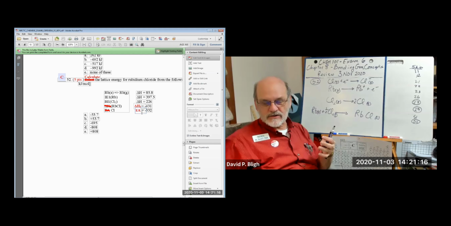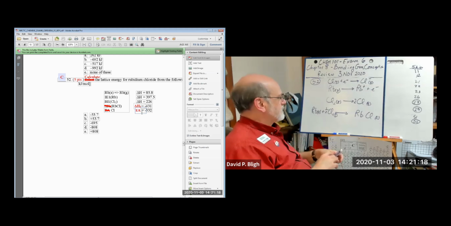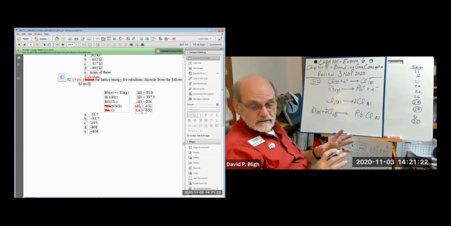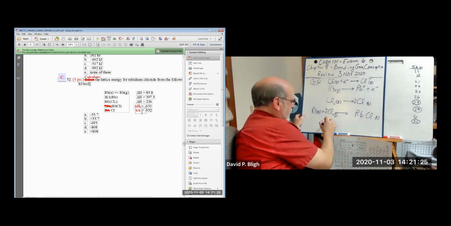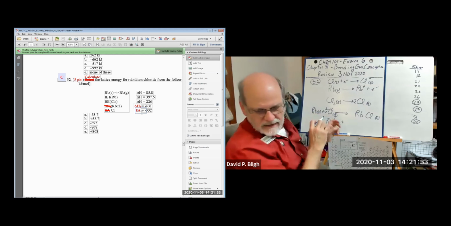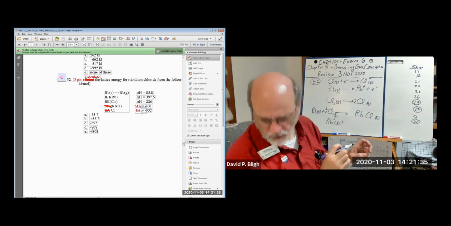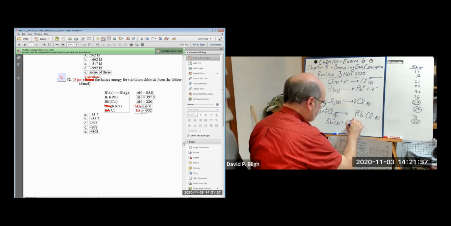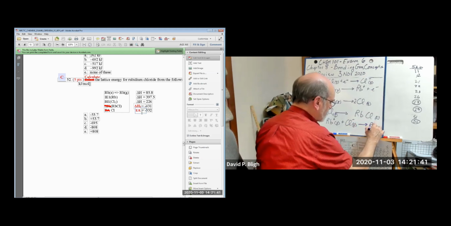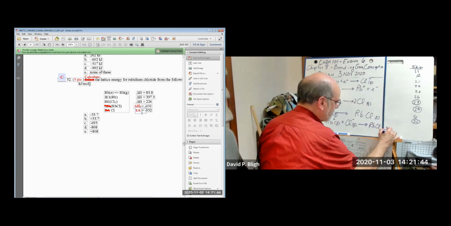What's the lattice energy? The lattice energy is defined as the rubidium ion in its gaseous state plus the chloride ion in its gaseous state yields rubidium chloride solid.